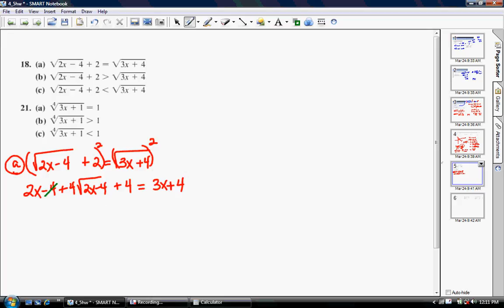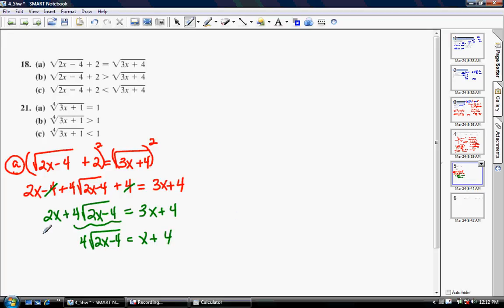Now, looking for things to combine, notice that the negative 4 plus 4 adds to 0. So we have 2x plus 4 on the square root of 2x minus 4 is equal to 3x plus 4. Isolating now this radical expression gives us 4 on the square root of 2x minus 4 is equal to just x plus 4, because I needed to subtract the 2x from both sides.